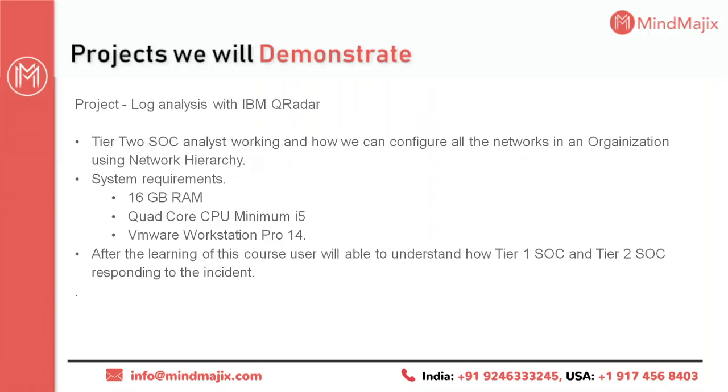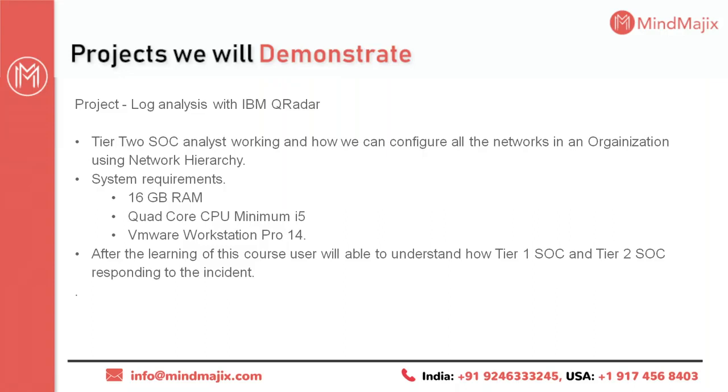Next is the project on log analysis with IBM QRadar. We can use log analysis properly with IBM QRadar by creating an attack scenario. We can use that for QRadar investigations in the forensic phase, in which we create multiple rules, then from another machine we violate those rules and look at how the QRadar machine responds. We will also configure some false positives by making changes to the network hierarchy.